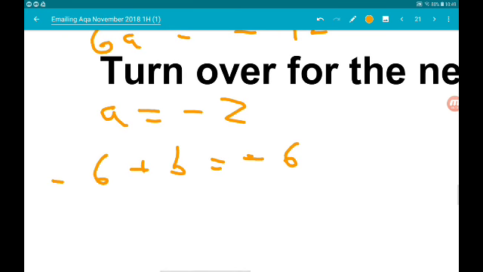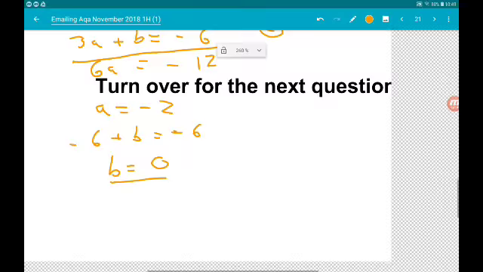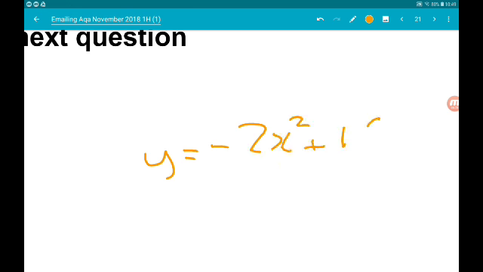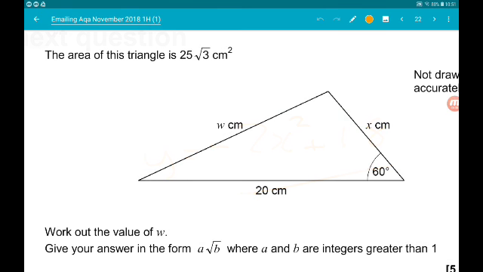So that actually gives us b is equal to 0. So the equation of the curve is y is minus 2x squared and 18. Cool. Okay, next up, pretty tricky one here, 5 marks.